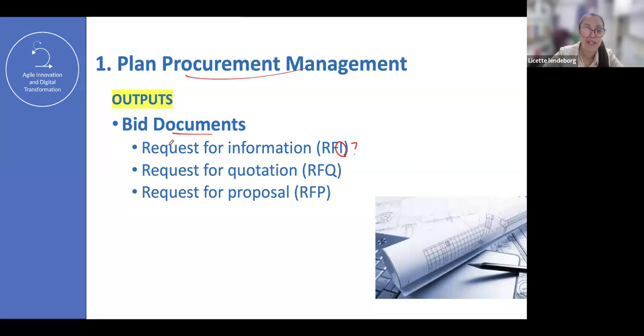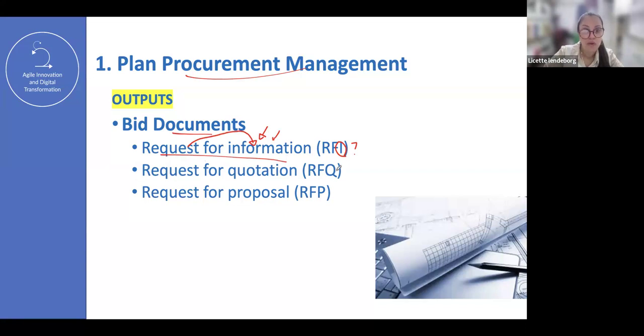So you send a letter to all the manufacturing companies, and you say, hey, guys, let me know what is going on. Any news about this type of technologies? Request for information.